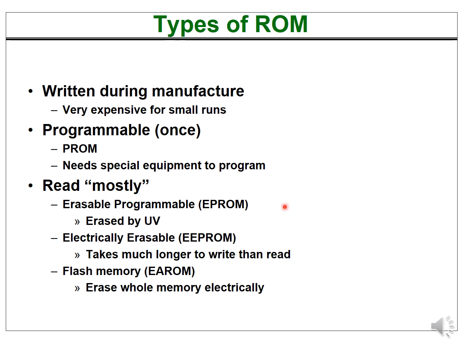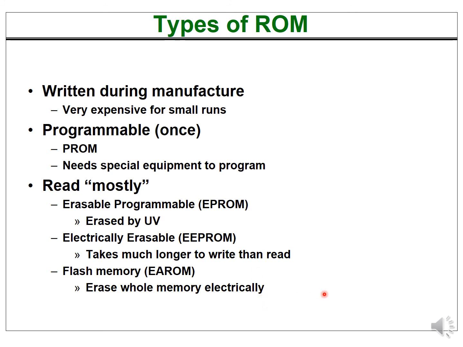Then I have the EPROM, the erasable programmable read-only memory, where I can write the data, I can erase the data, I can rewrite the data. But here the erasure is done with the help of ultraviolet light. Then we have the electrically erasable ROM, the EEPROM, which uses electrical signals to erase the data, but normally takes much more time as compared to the EPROM.